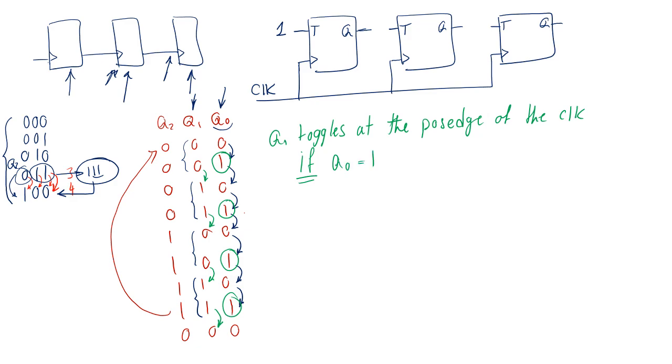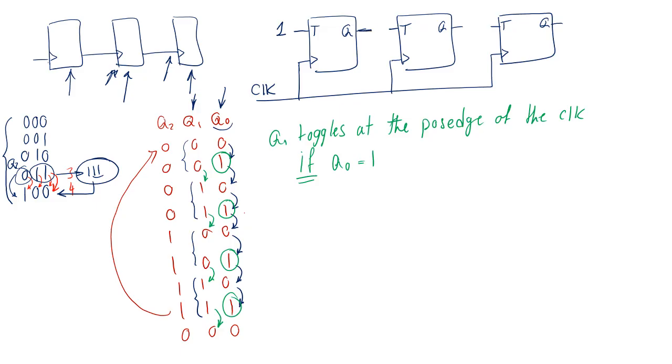The current Q0 is 1. How do I make sure that both of these are happening? Well, that statement implies an AND operation. So basically we're saying that if Q0 is 1, this thing toggles.